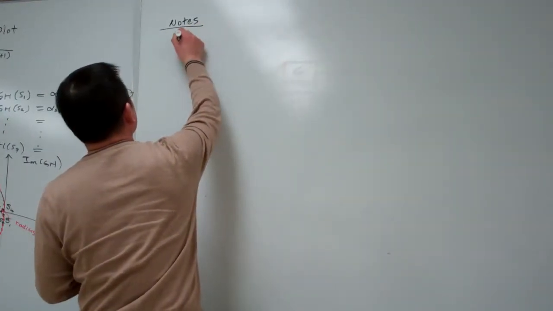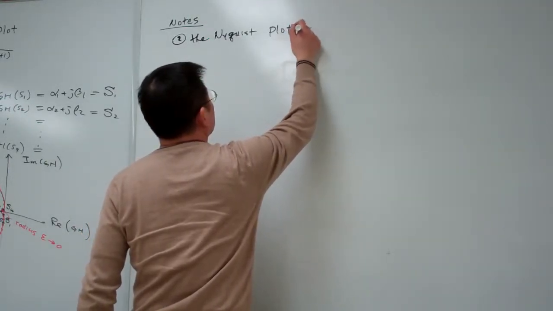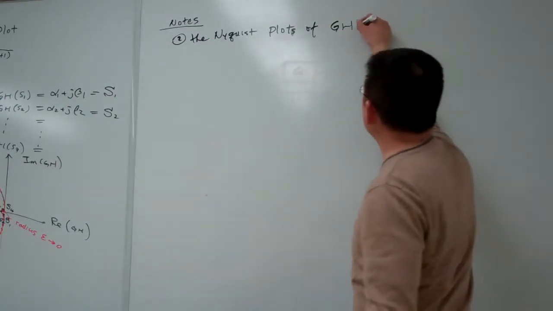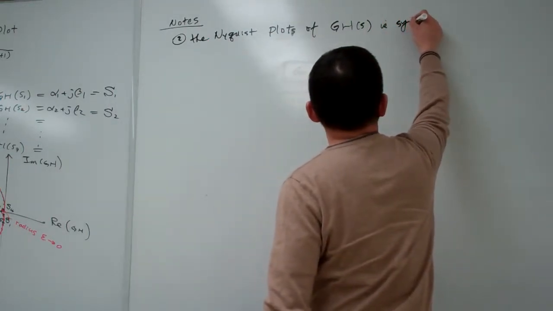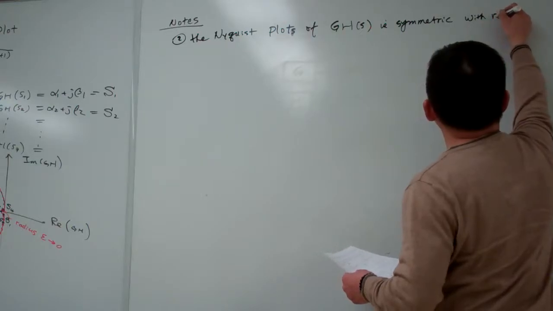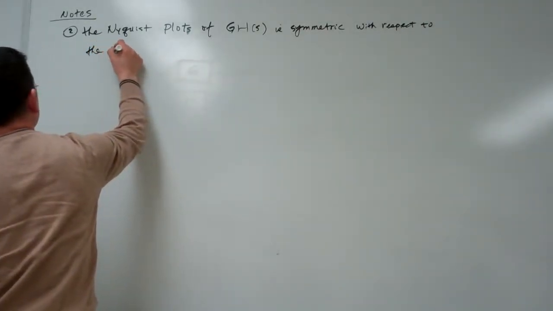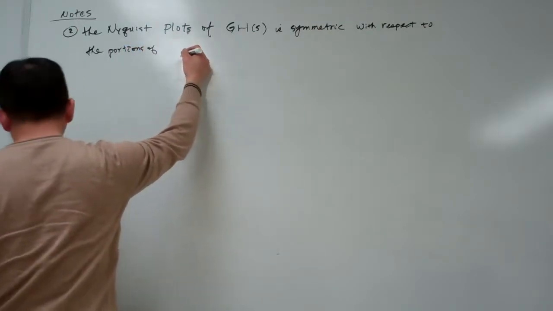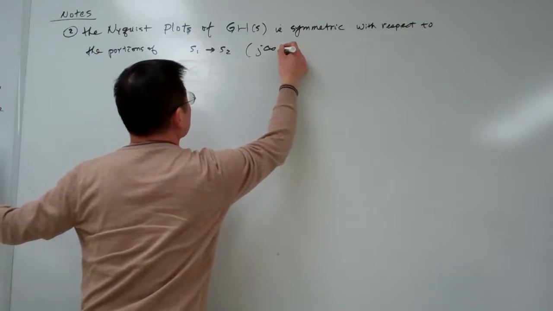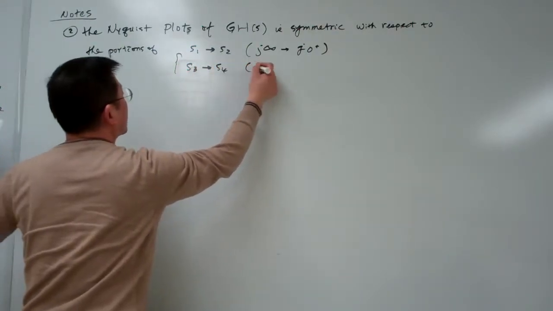The plot of GH, that means any open loop system, is symmetric with respect to, for example, the portions S1 to S2, which correspond to j infinity to j0, and S3 to S4.